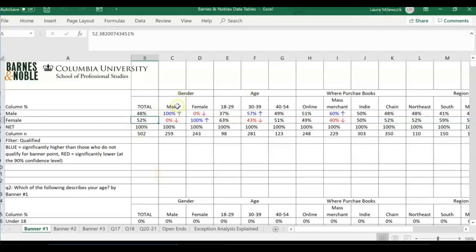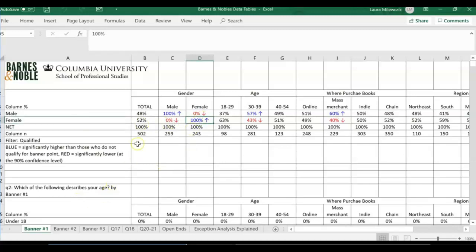The way we know that banner point is correct is if we look over here under our male banner point, 100% of the respondents clicked on male. Conversely, under the female banner point, 100% of females are here.